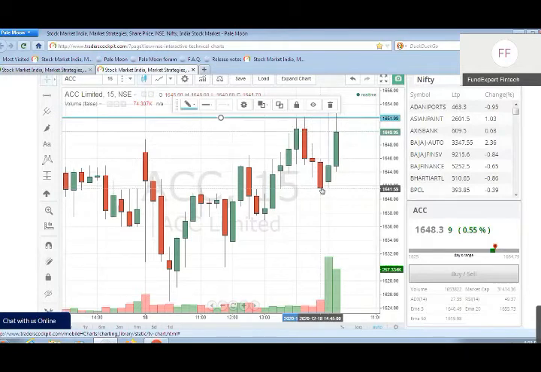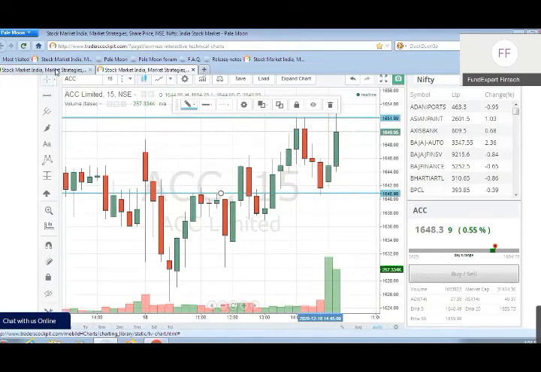That will be somewhere around the 1641 level, or better, 1640 where the low was. That can be a good point to keep the stop loss. So 1650 entry where the previous high breaks, with a stop loss around the bottom 1640.